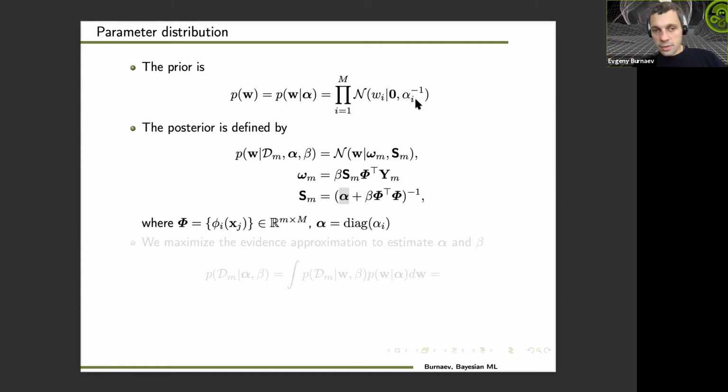Here we do exactly the same thing, except that now we should tune not the one parameter alpha, but we should tune m parameters alpha. So for each basis function, we have its own parameter alpha sub I.